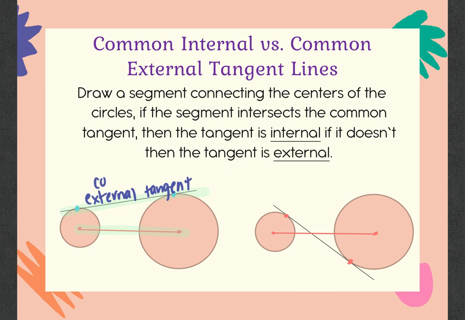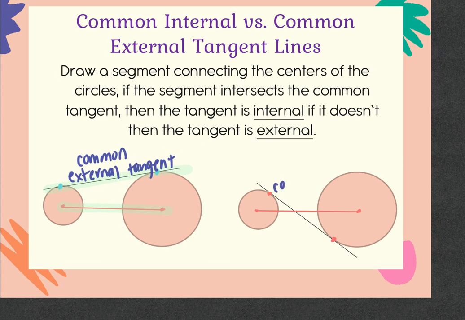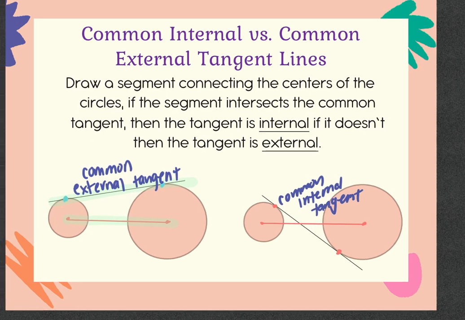And on the other side, the line literally goes in between them, so this would be a common internal tangent. So does it intersect the line you drew? No, it's external. Yes, it's internal.